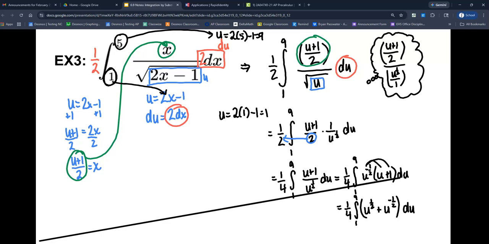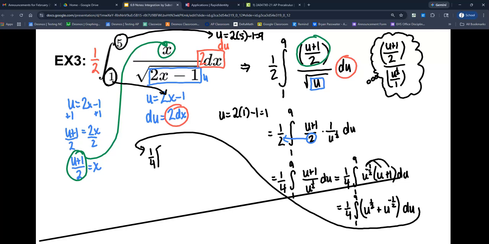Okay, so we are going to have to integrate and evaluate now. So I'm coming back over here. 1/4 bracket, increase your exponent by 1, u to the 3/2, divide by the 3/2, so that gives you 2/3, plus u to the positive 1/2, divide by 1/2, that's going to give you 2, and then your brackets from 1 to 9.